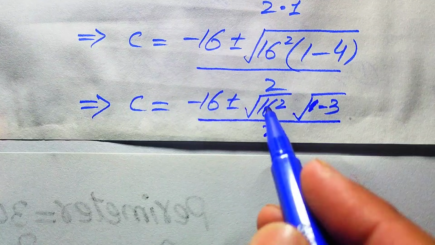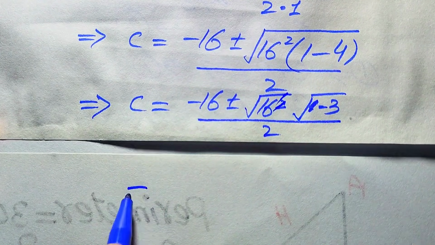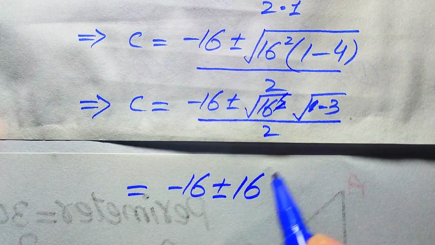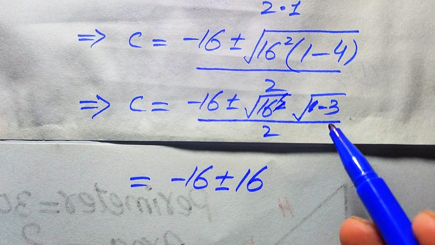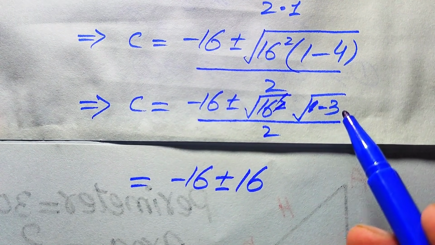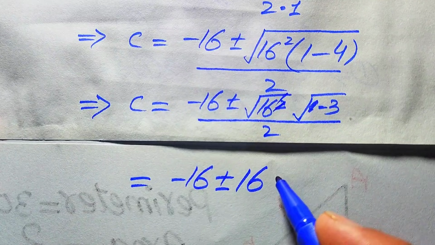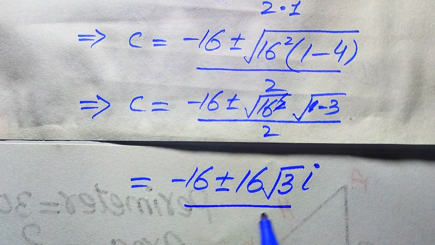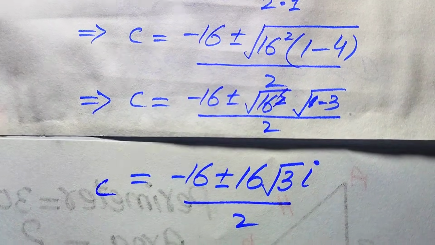And here you see that this 2 and the square root are gone, and we get minus 16 plus or minus 16 times. Further, you see a negative sign appears inside the square root sign, so it becomes iota, and we write here the square root of 3 times iota, divided by 2.